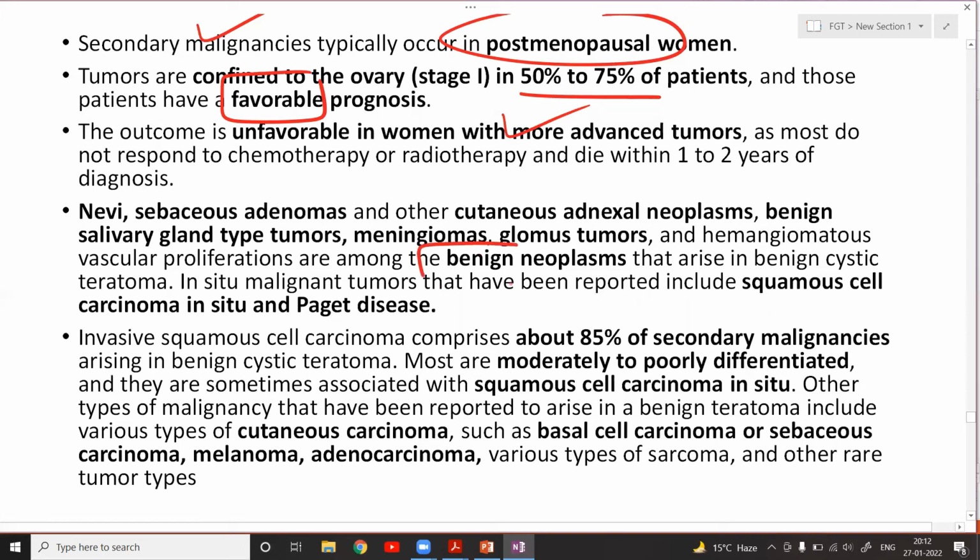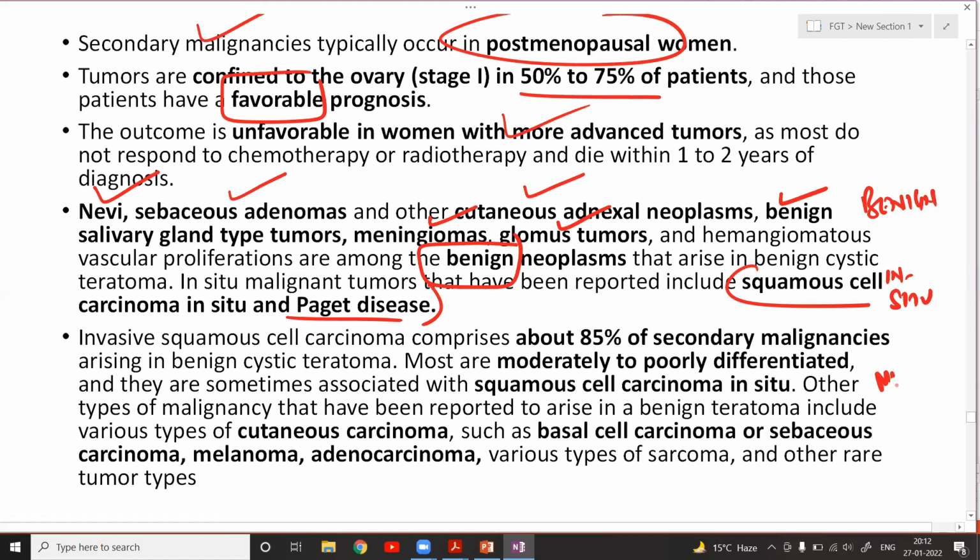Among the benign neoplasms: nevus, sebaceous adenomas, other cutaneous adnexal neoplasms, benign salivary gland tumors, meningiomas, glomus tumors. These are all the benign tumors that arise. And sometimes in situ carcinomas also arise, like squamous cell carcinoma in situ and Paget's disease.